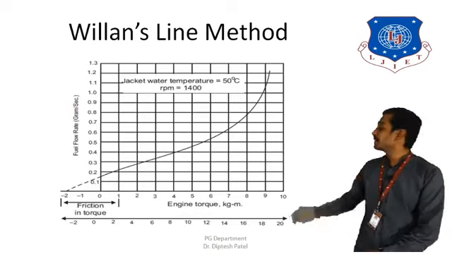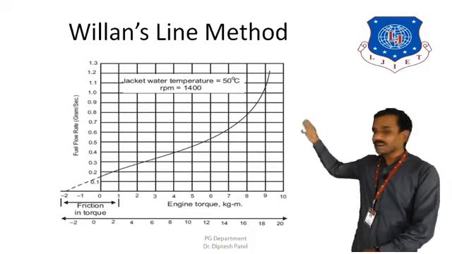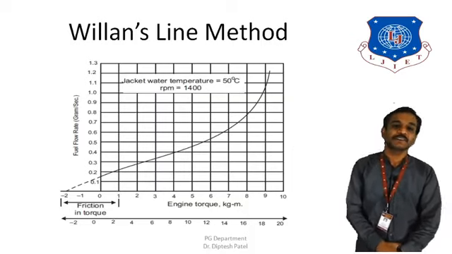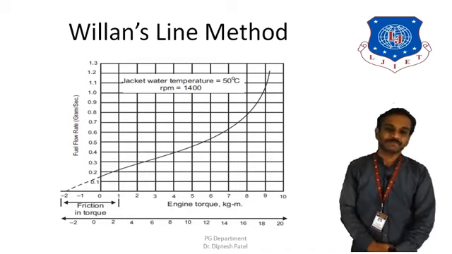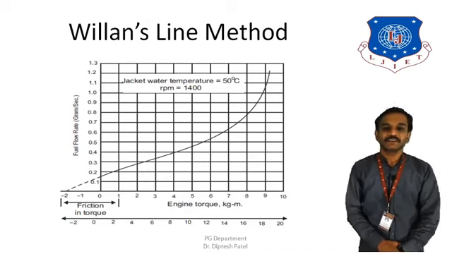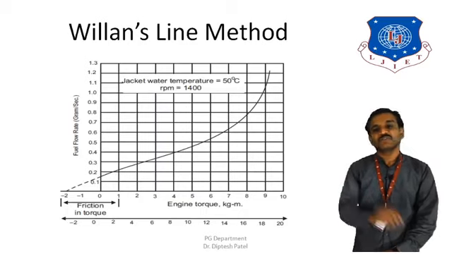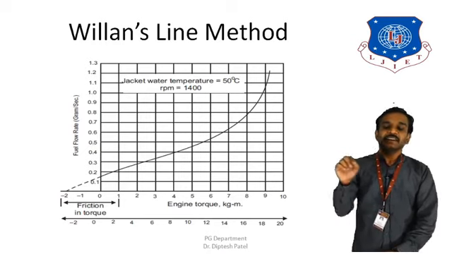So as you can see, the graph is shown over here. On the y-axis vertically, the fuel flow rate or the fuel consumption rate is described, while on the x-axis you can see the engine torque. The fuel consumption rate is measured with respect to the various torques, and then a line is drawn, the Williams line, and it is taken into the negative side.